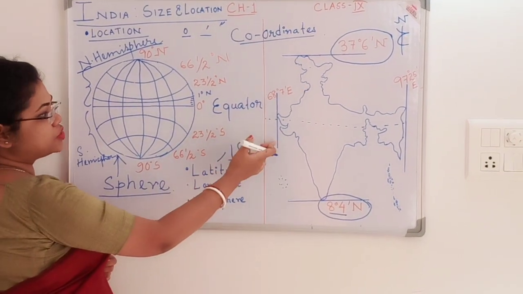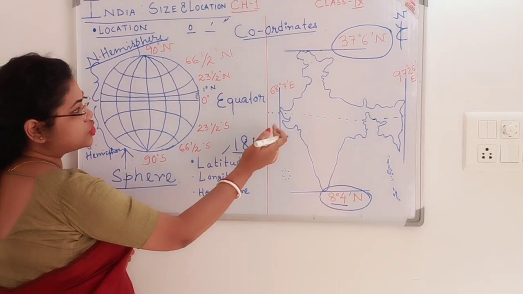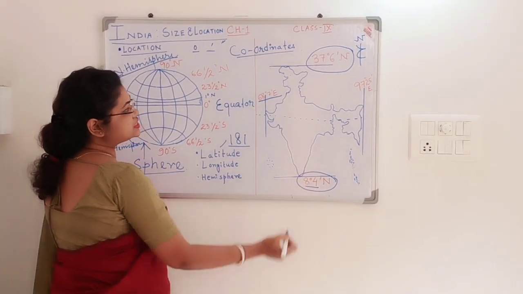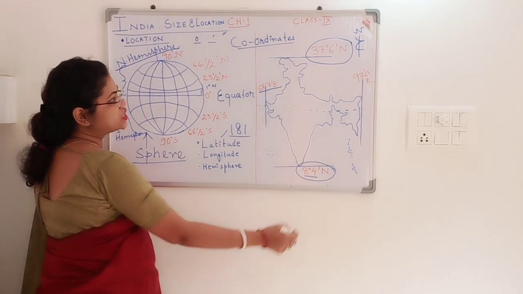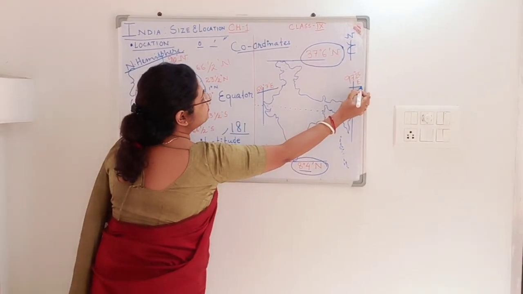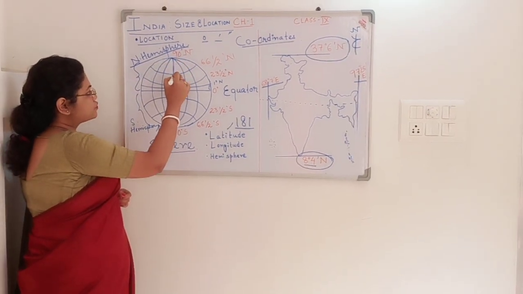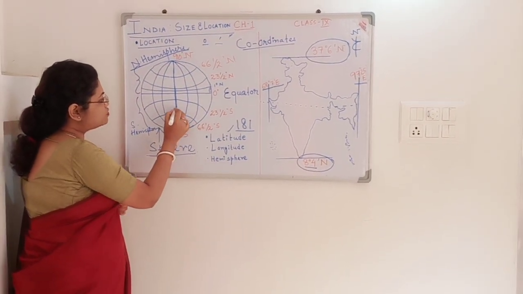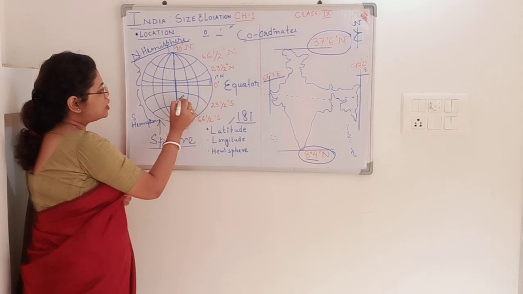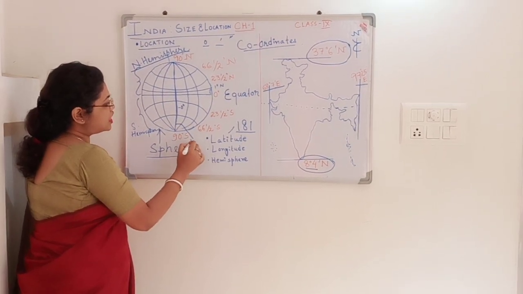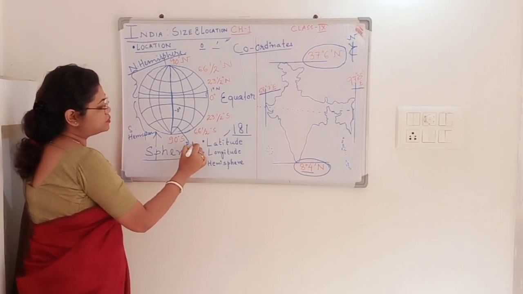Now come to the longitude of our country. Longitude, you can see it's written over here. It is 68 degree 7 minute east to 97 degree 25 minute east. Now you see this line of the globe. The value of this line is 0 degree, and we are saying this line is the prime meridian.